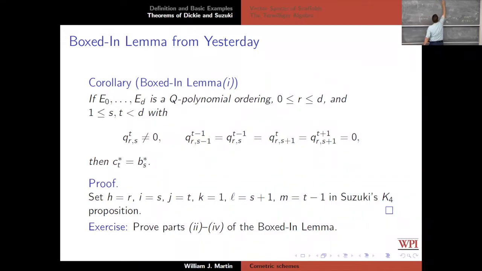So I have zeros here, here, here, and here. Then we get equality of 2 entries in the Krein array, right? We get that CT star is equal to BS star. It's exactly that theorem where you just turn the crank and plug in those values. So you can do the same thing for the other parts of the boxed-in lemma.